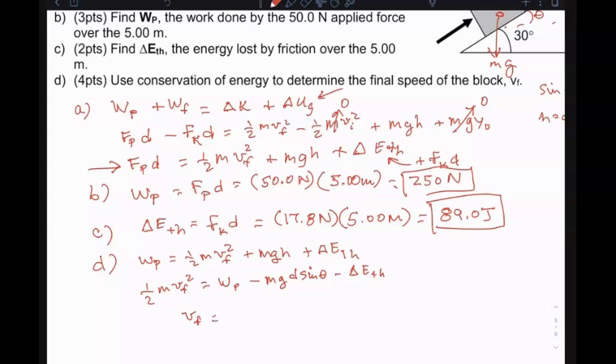V final is equal to the square root of 2 times the work by the pushing force minus mgd sine theta minus the change in thermal energy, divided by the mass.